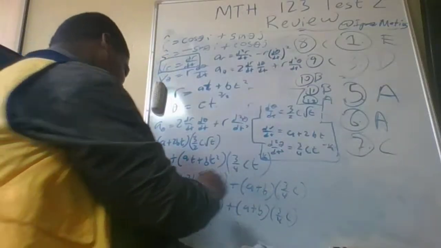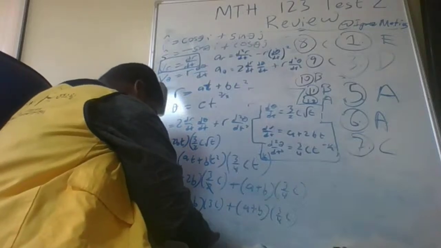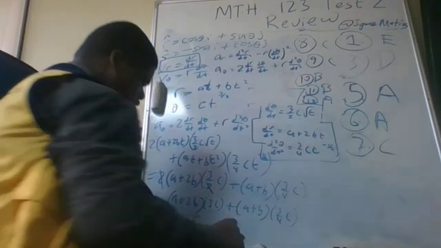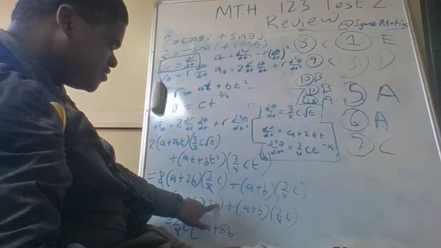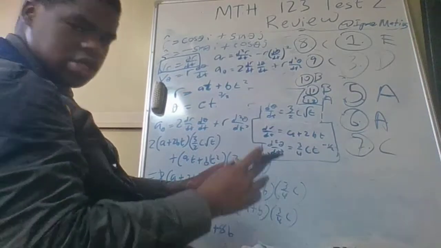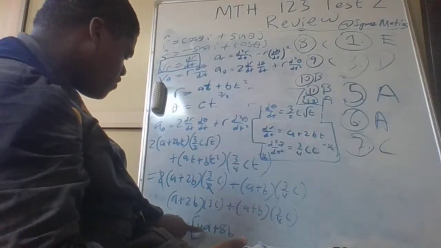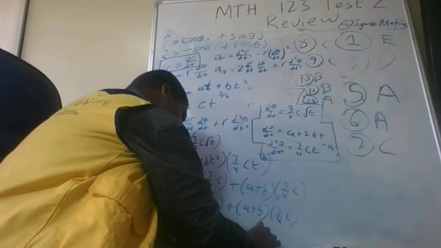If I do that, this is equal to 3 over 4c bracket open 4a plus 8b. The reason why it's 4a plus 8b is because we're factoring out 3 over 4c, but here it's only 3c. So since we're dividing by 4, we're going to multiply this by 4 to cancel out. So you have 4a plus 8b plus a plus b.